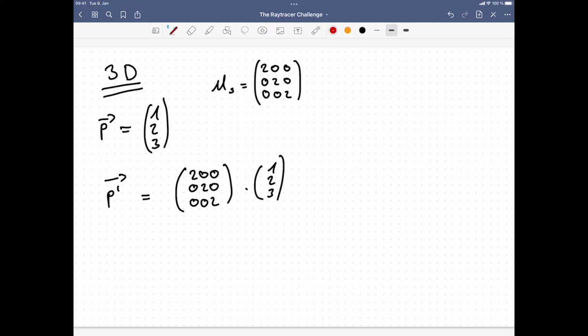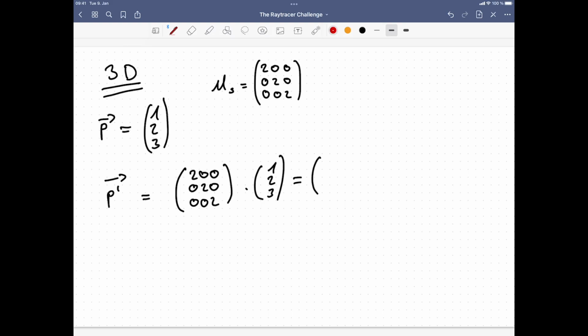And now, how does matrix multiplication actually work? It's quite easy. This equals a new vector, which always consists of the products of the matrix row we are in with the column of the vector.